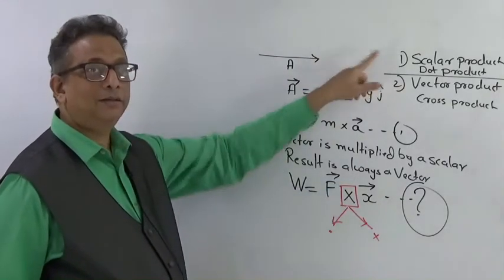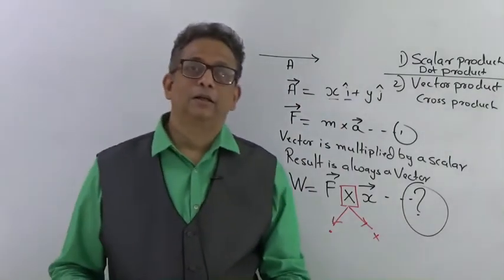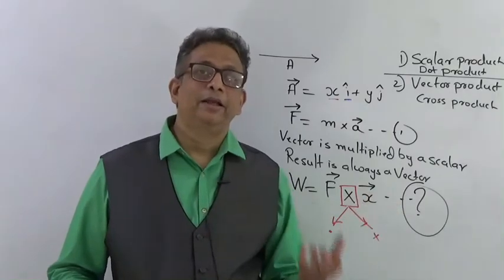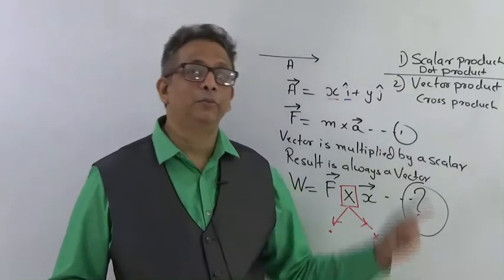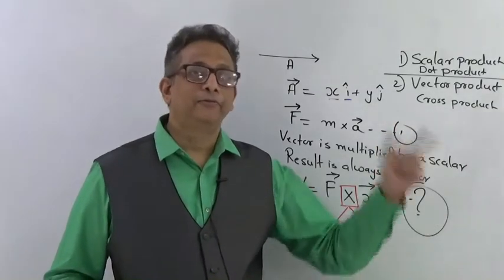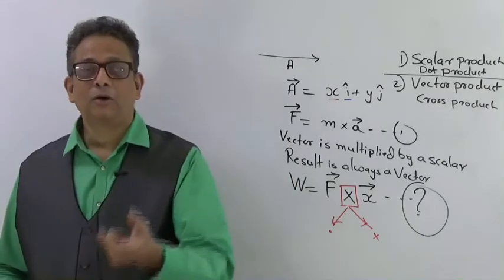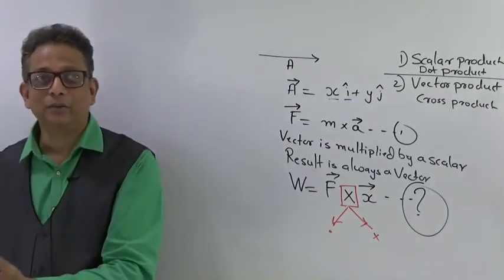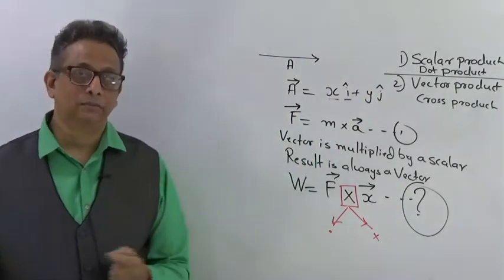Scalar product. That is how you have to come to that conclusion: if multiplying two vectors gives a vector result, then that multiplication would be a vector product. If the multiplication of two vectors gives me a scalar value, then that multiplication should be done with the help of scalar product.